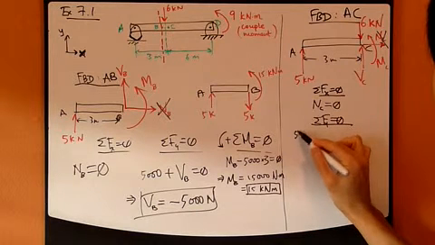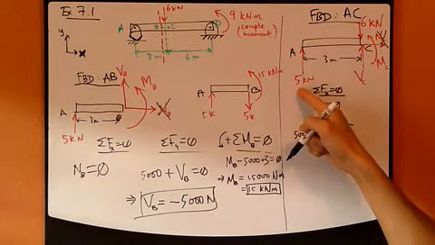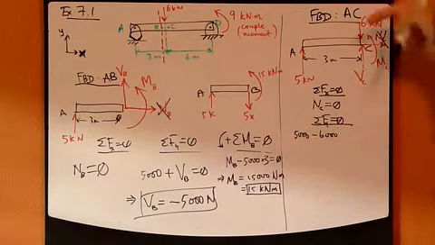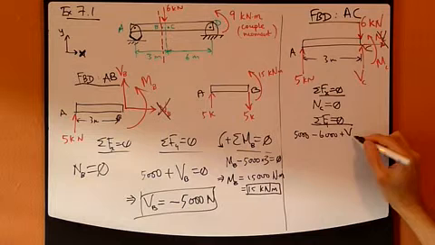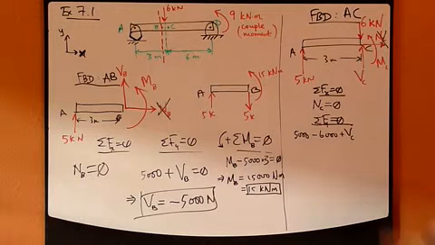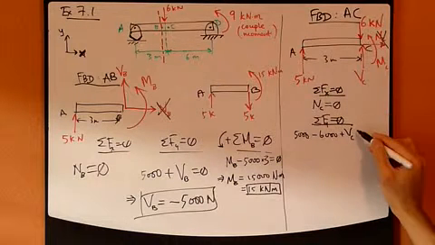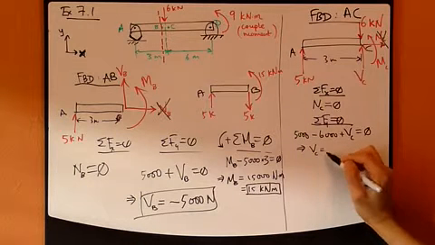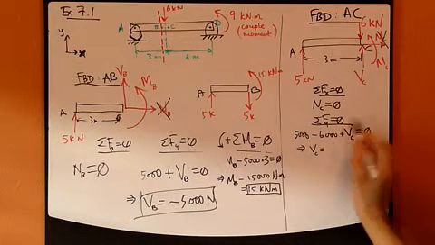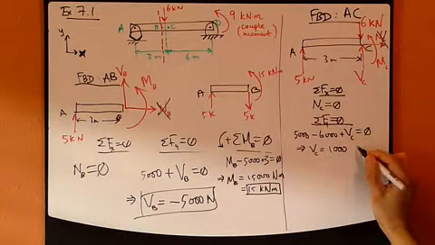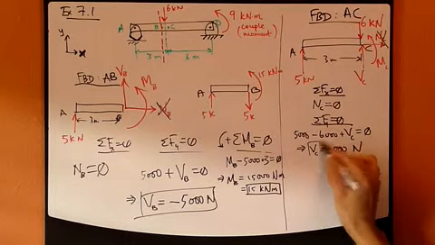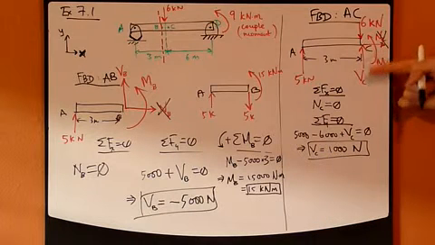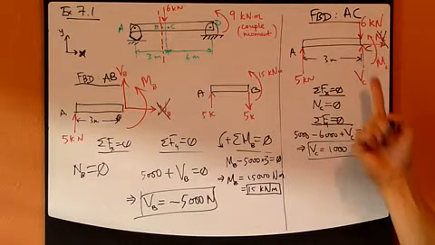I have positive 5,000 newtons, and negative 6,000 newtons coming down, and I have shear force. That's it. So 3 vertical forces in the y direction. Crunch numbers. Bring that over, 6,000 minus 5,000, so it turns out to be 1,000, positive. Positive means my assumed direction is correct. It actually points up now.